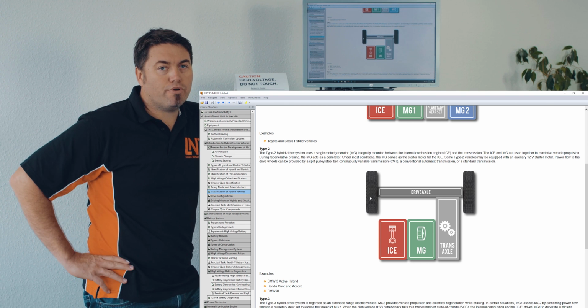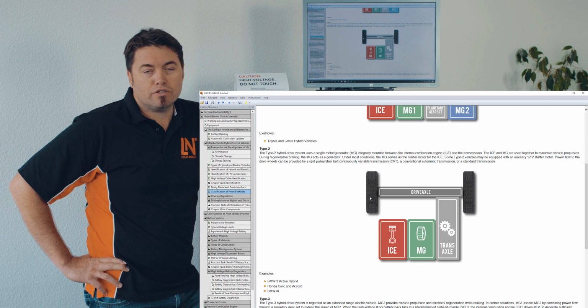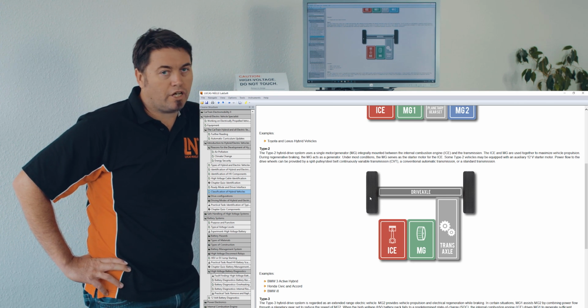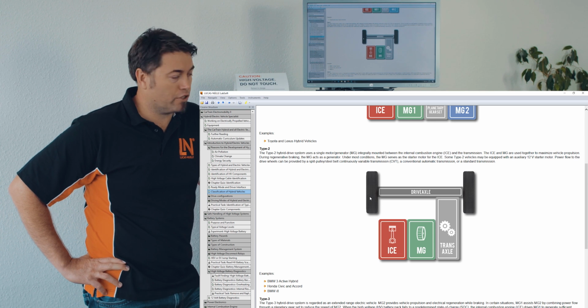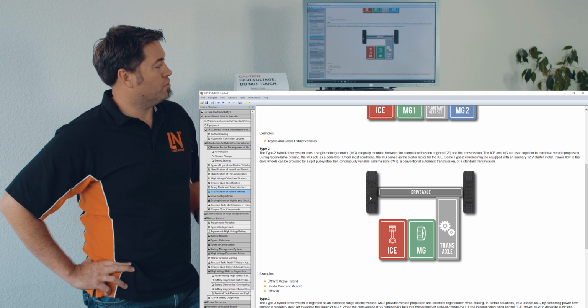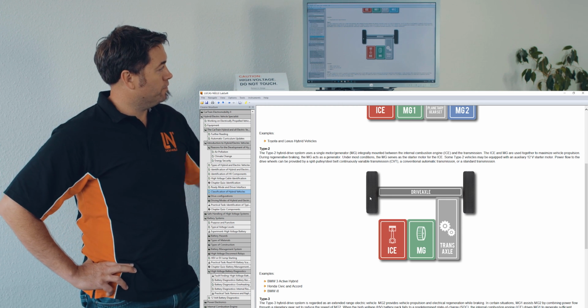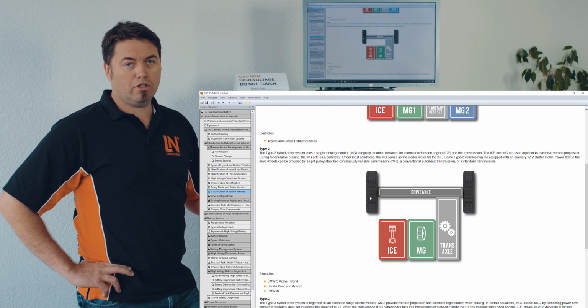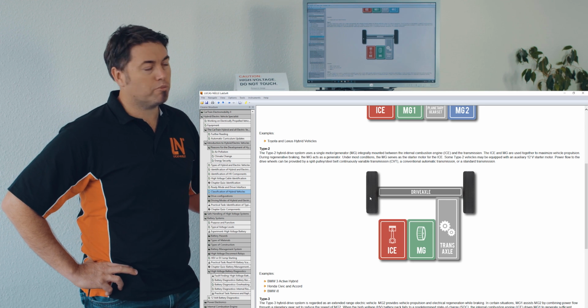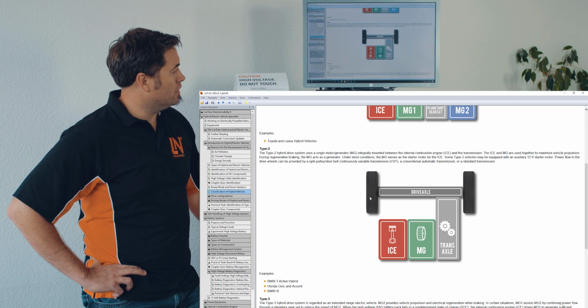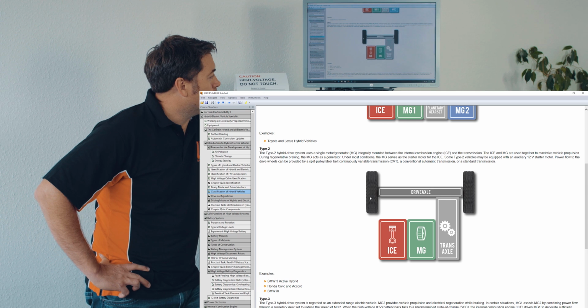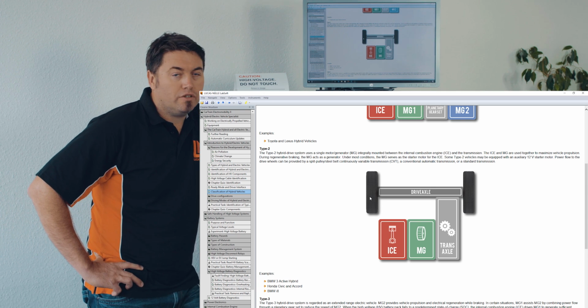Type 2 hybrid. Now again, this differs by country, by people, by manufacturer. What we call a type 2 could be called a parallel hybrid. The one before could be called a series parallel. Toyota call it themselves a series parallel. This type here is like the Honda IMA type system.